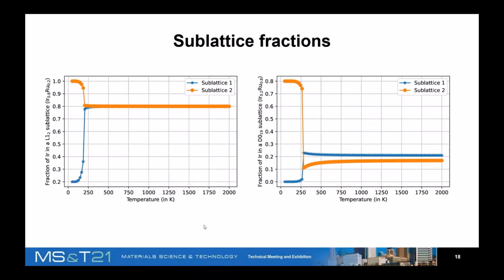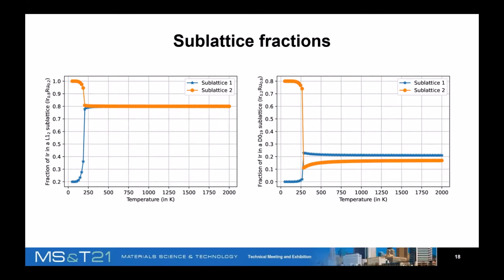To see the disordering in greater detail, we plot the sublattice fraction of an iridium 80%, ruthenium 20% L12 phase, and we see at lower temperature, sublattice 2 is completely occupied by iridium, while 80% of the sites in sublattice 1 are occupied by iridium. However, very quickly, as the temperature increases, the system gets disordered, and each sublattice now has iridium equal to the global concentration of 0.8.